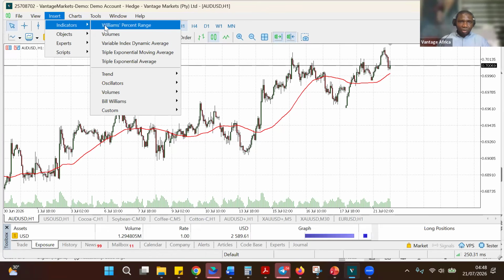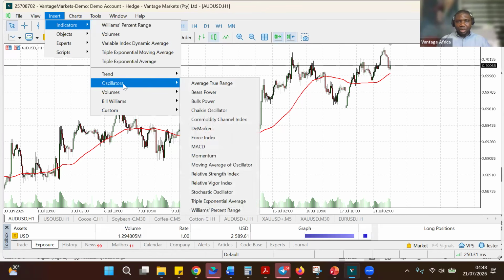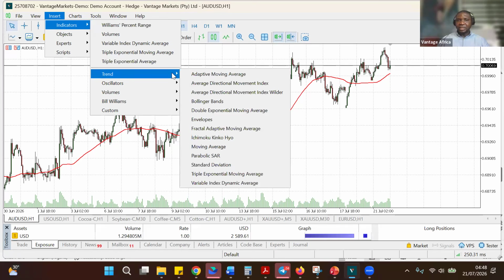So it's under oscillators. What we're looking for now, we went to trend before. So this is an example: all the indicators are under trends. You have adaptive moving average, average directional movement index, average directional movement index Wilder, Bollinger Bands, all of these are usually under trends. Now, not all of them show you trend.